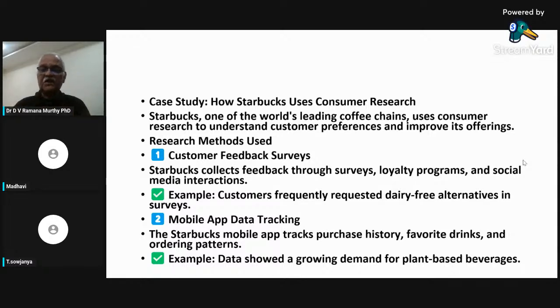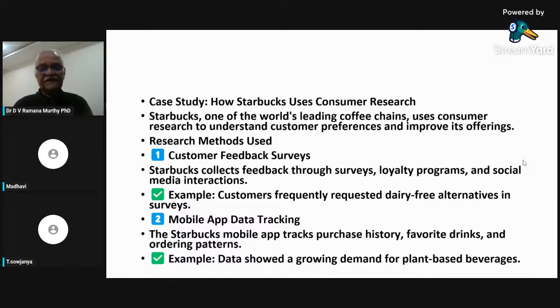They conduct different loyalty programs and observe the opinions of consumers, and also social media interactions like Facebook, Instagram, and all that. Through that, they collect customer feedback.